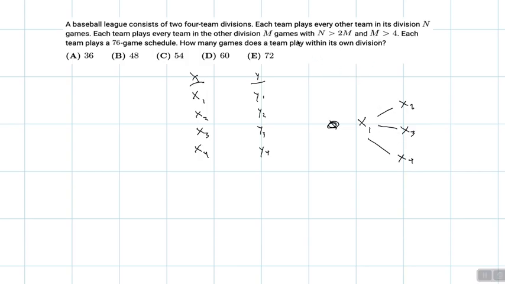M is greater than 4. N is greater than 2M. Therefore, N is greater than 8. So let's just start with 9. Let's say this team plays these two teams 9 times and see how that works out.